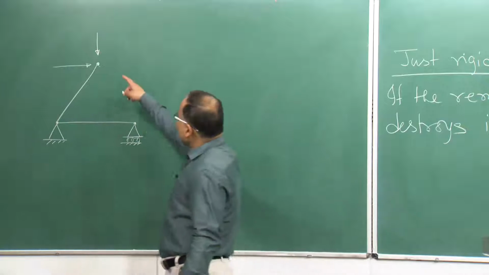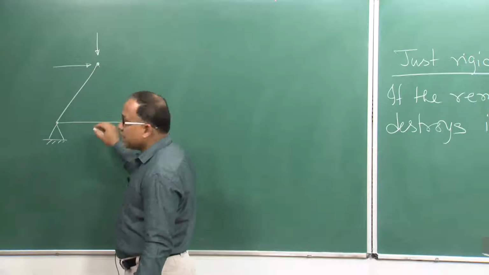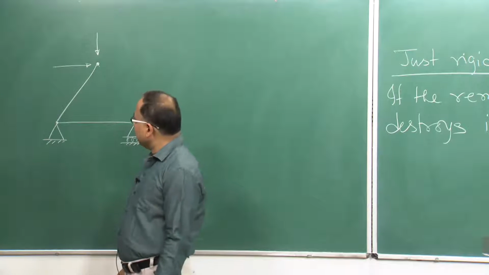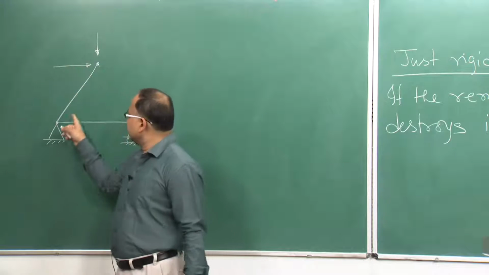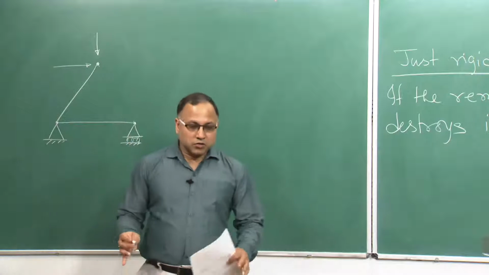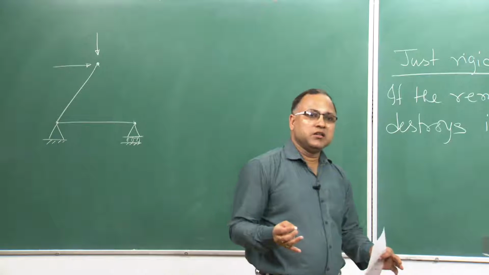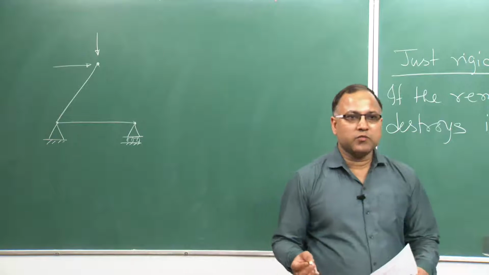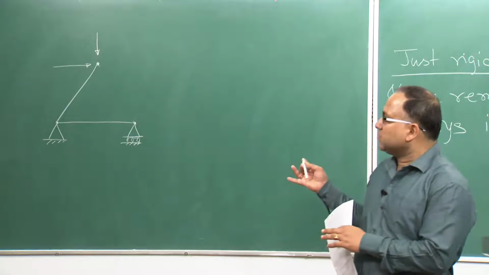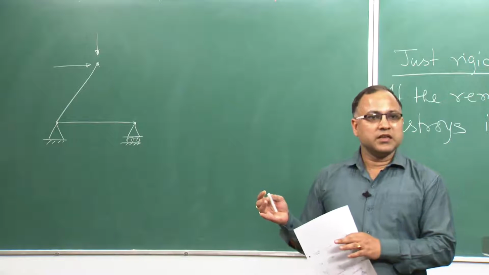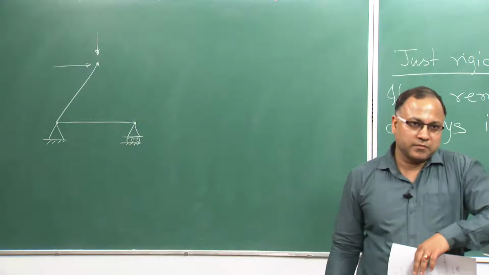Under the action of this load, or the horizontal load from this side, this member will try to rotate. So, the stability of the system will be disturbed by the application of the external loads. So, this structure we cannot say is a rigid structure.